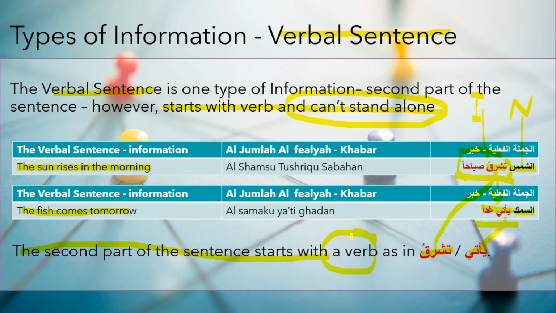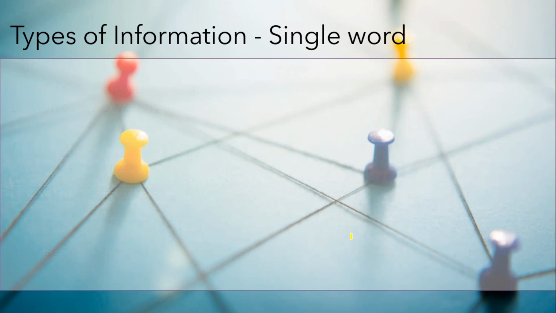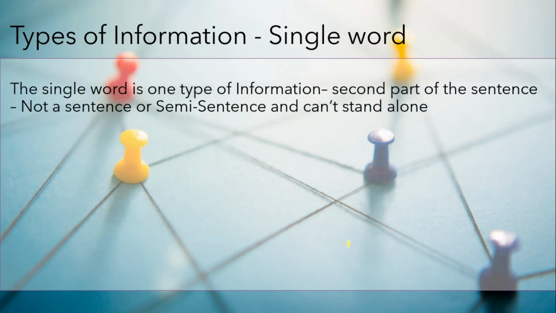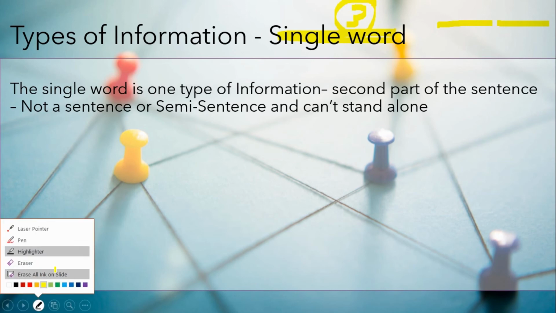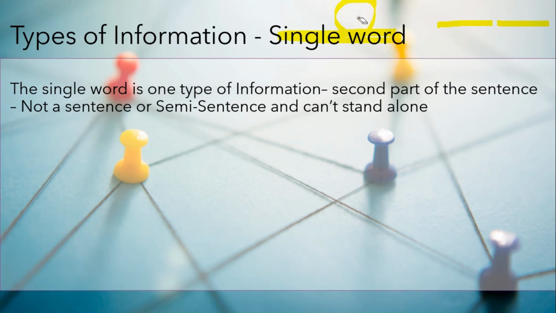So here we have to differentiate between those things, because the semi-sentence has three types by itself, but the types of information are only four: semi-sentence, nominal sentence, verbal sentence, and then the single word. Single word, this is the fourth, not the third. Am I clear? This is the fourth type of the information.